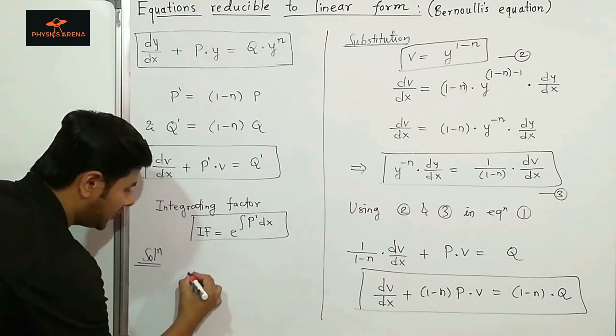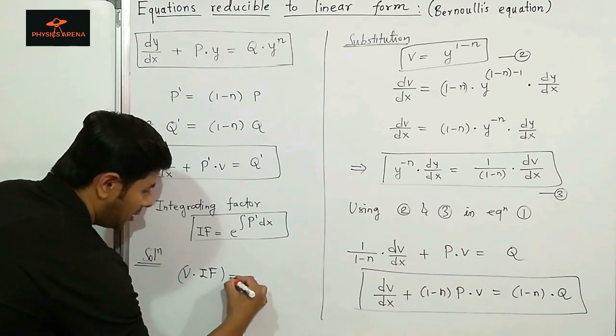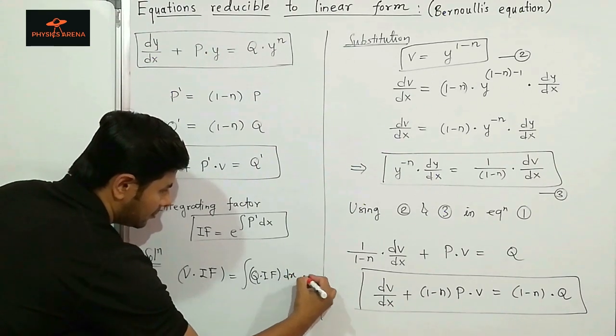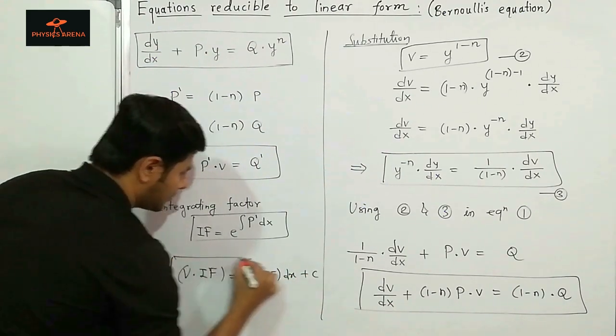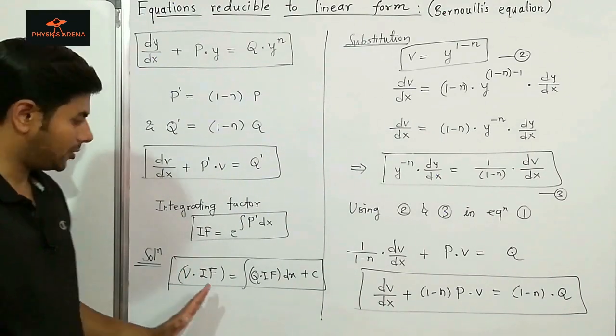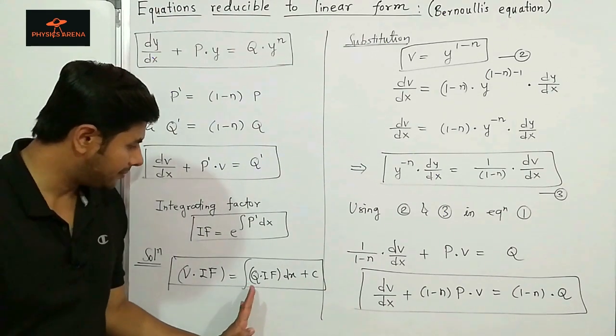The solution is v times the integrating factor equals the integral of q times the integrating factor plus c. So this is the solution in terms of v and the integrating factor.